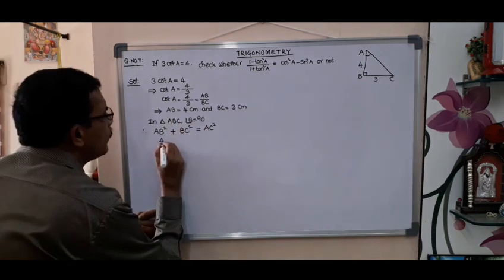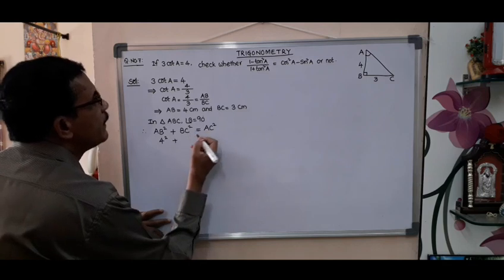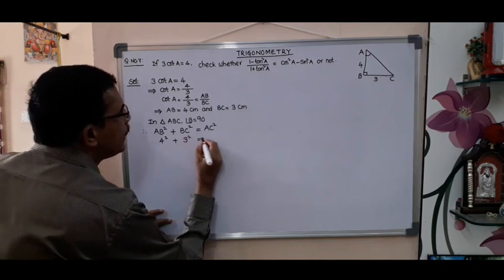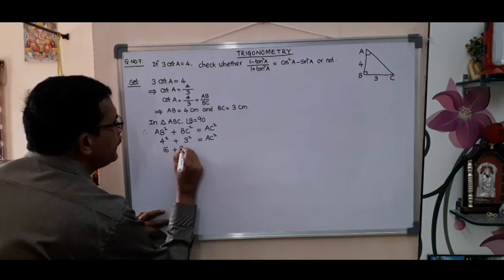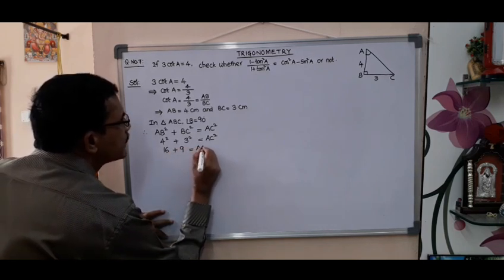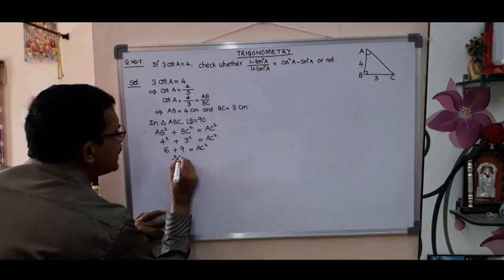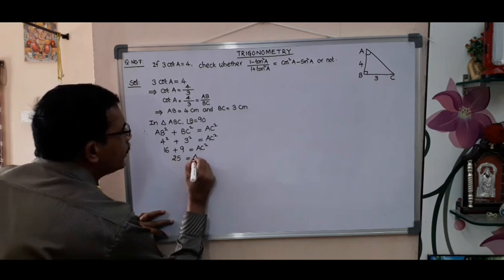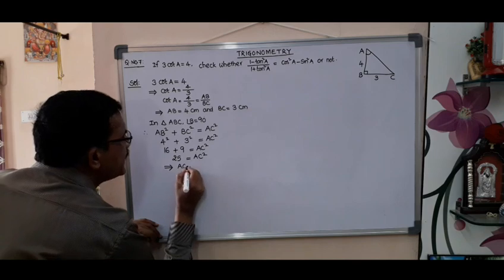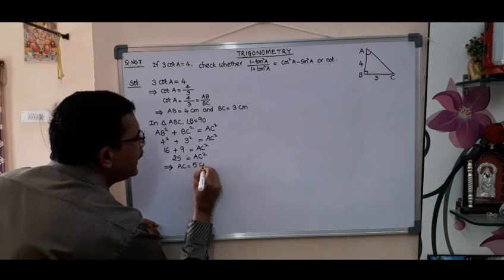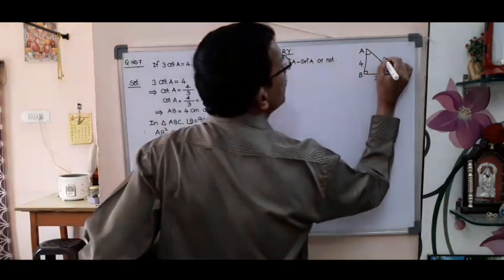AB length is 4, BC length is 3. 16 plus 9 is equal to AC square. 16 plus 9 is 25 is equal to AC square, implies AC is equal to 5 centimeters or units.